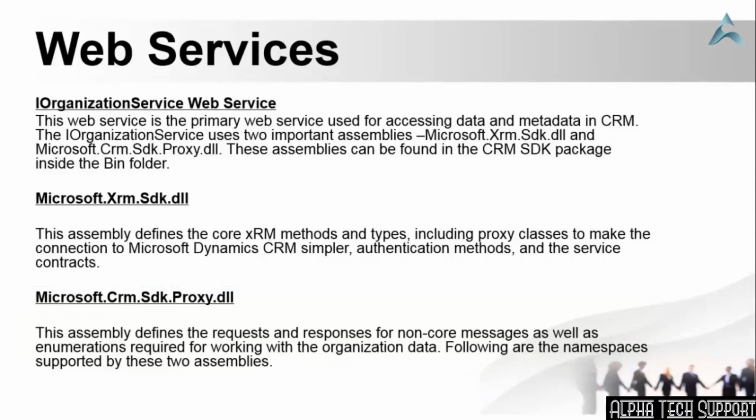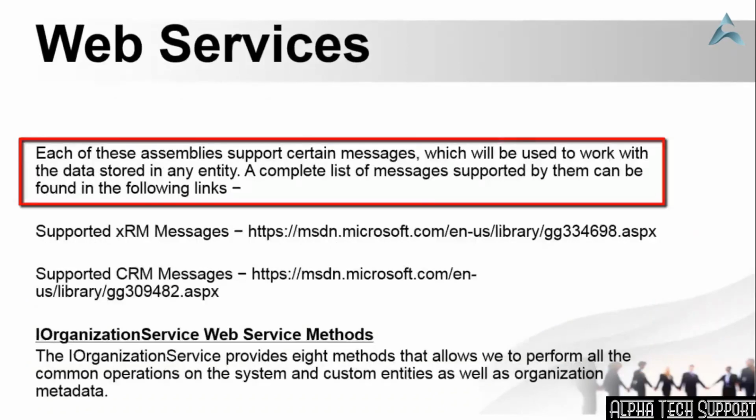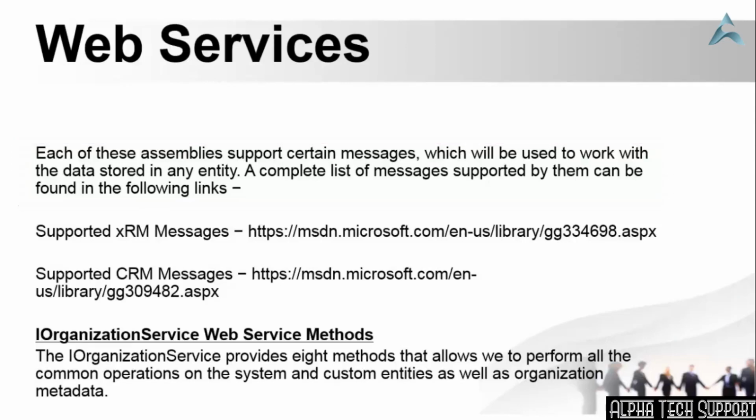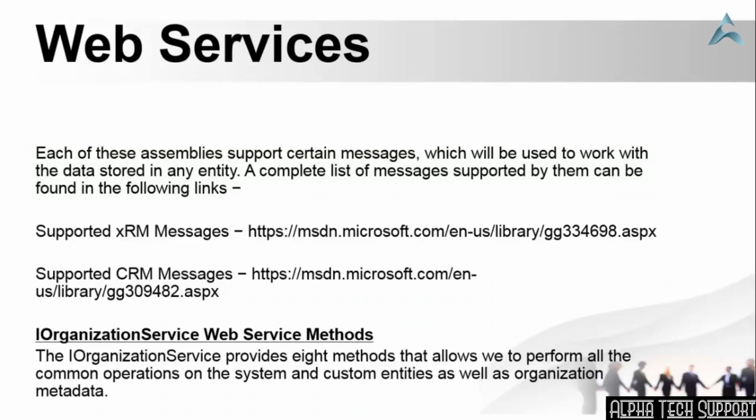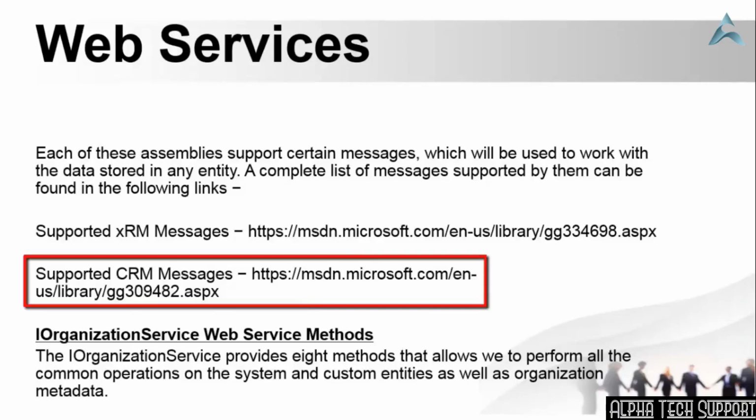So let's look at the namespaces. Each of the assemblies supports certain messages which will be used to work with the data stored in any entity. A complete list of messages supported by them can be found in the following links. Supported XRM messages will be found at this Microsoft link, whereas supported CRM messages will be found at this other link.